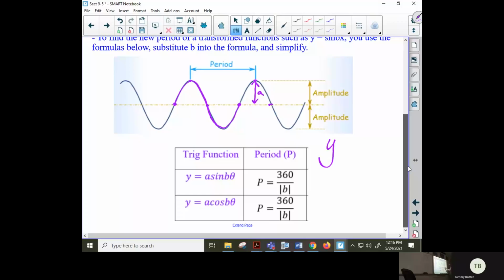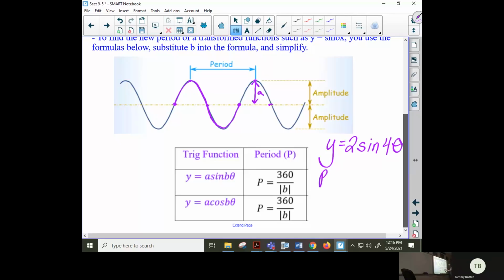So say that I gave you y equals 2 sine of 4 theta. This 2 changes how high my graph is going to go. Instead of going up to 1, it's going to go up to 2 and down to -2 and up to 2 and down to -2.